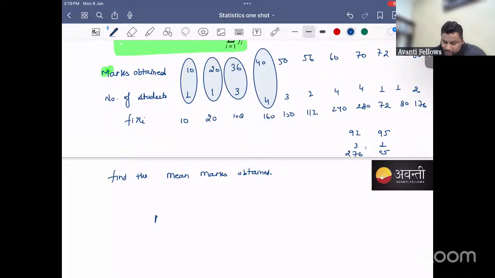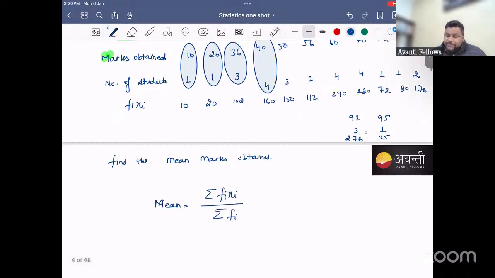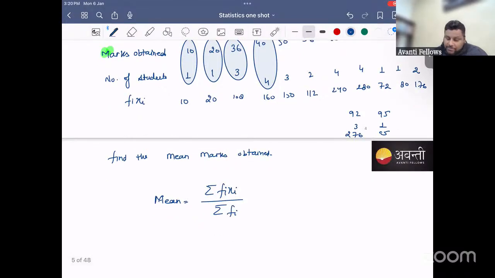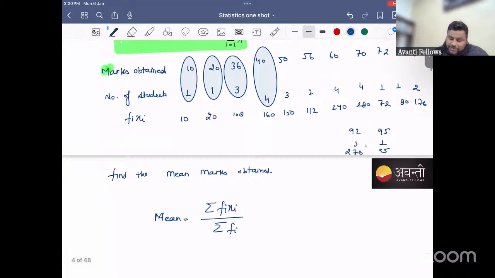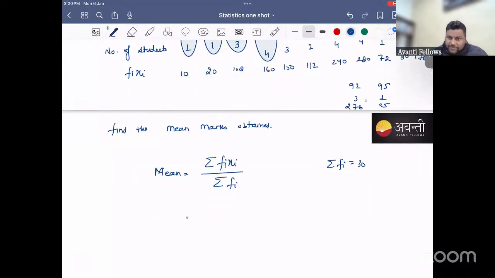Now mean is what? Mean is sigma fixi upon sigma fi. Sigma fi is the total number of students, which if you calculate will be 30. Now sigma fixi is, add all fixi, you will get 1779 divided by 30.